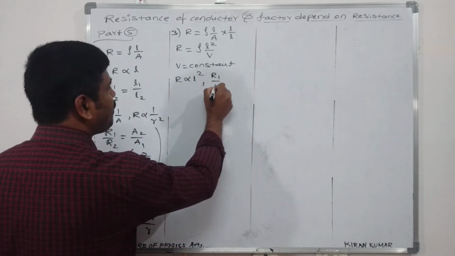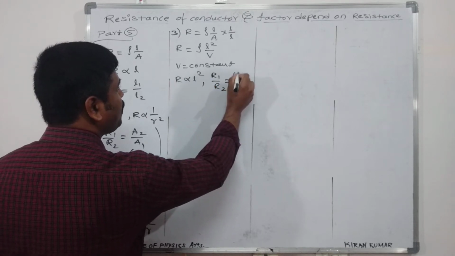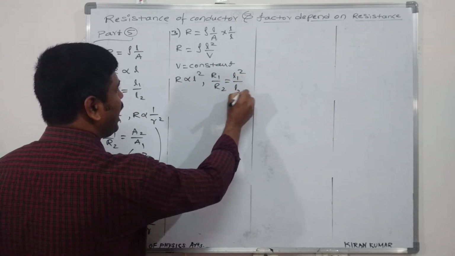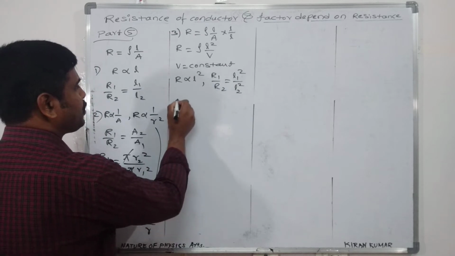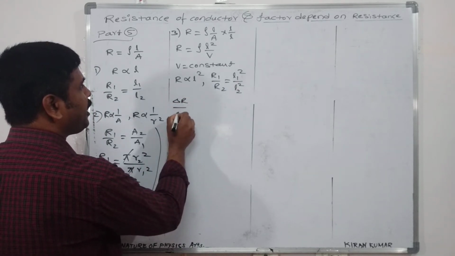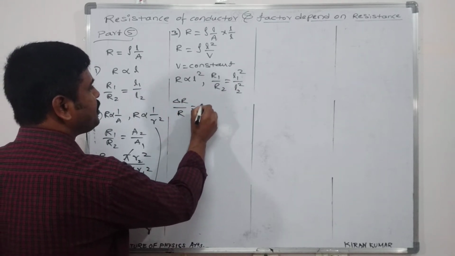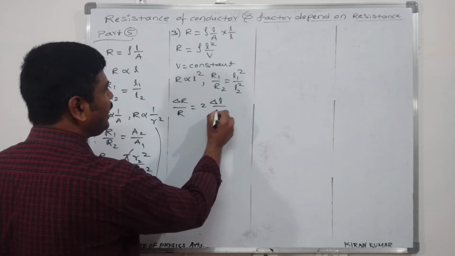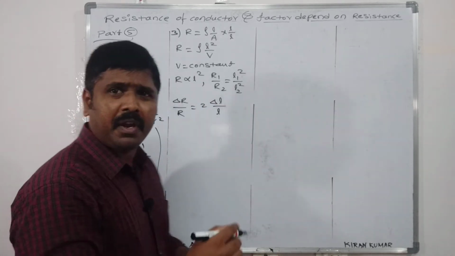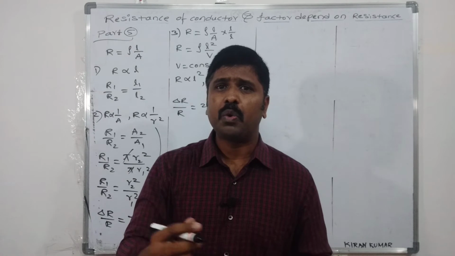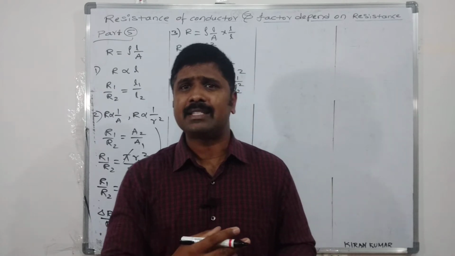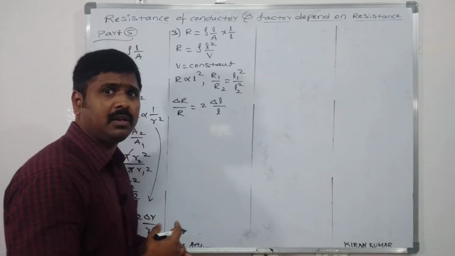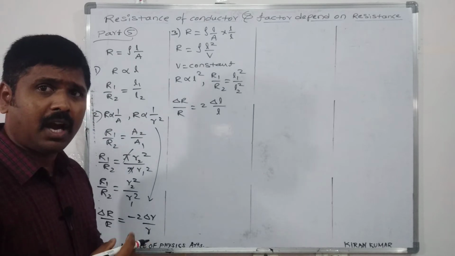So R1 by R2 is equal to L1 square by L2 square. So delta R divided by R is equal to 2 into delta L by L. Very interesting derivation, useful for mains as well as advanced examination along with MHT-CET also.